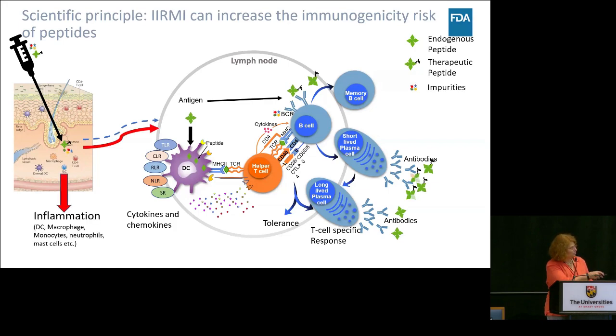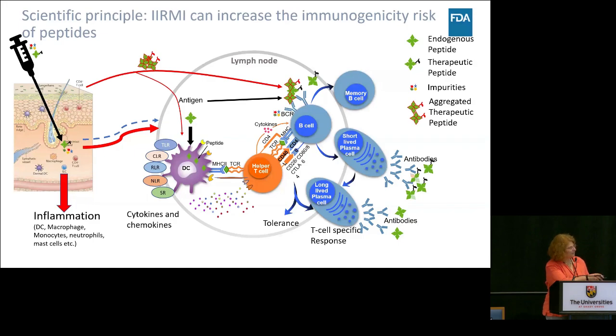When there are impurities co-administered with that product, then all of a sudden you get inflammation, a larger number of immune cells going into the area where the product is delivered, and a much higher possibility of antigen-loaded, antigen-presenting cells going into the lymph node, where they're going to express co-stimulatory molecules. You're going to have an optimized ability to present antigen, and they're going to generate an immune response. And with that, the possibility of now all of a sudden presenting new epitopes.